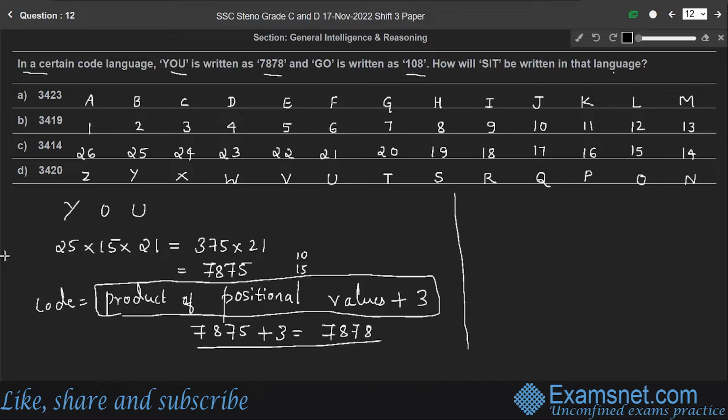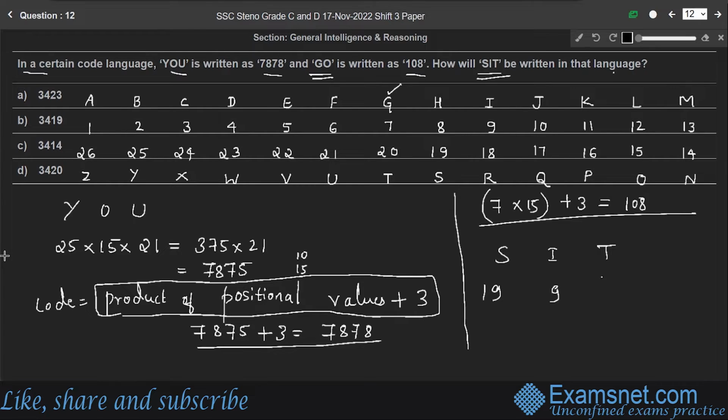Similarly for the second word, GO, the positional value of G is 7, of O is 15. Product of the positional values plus 3. So 15 into 7 is 105, plus 3 is 108. Therefore, we'll find the code for SIT, S-I-T. Positional value of S is 19, of I is 9, of T is 20.